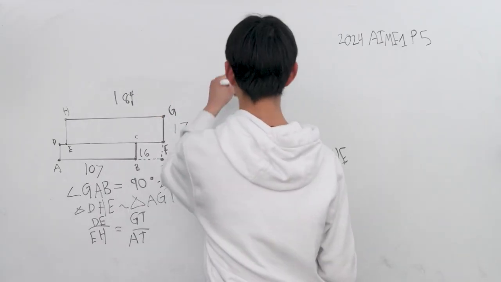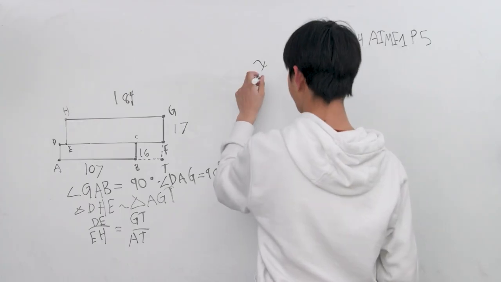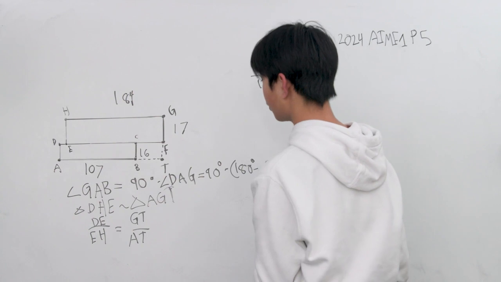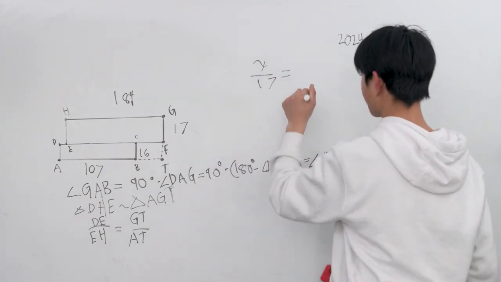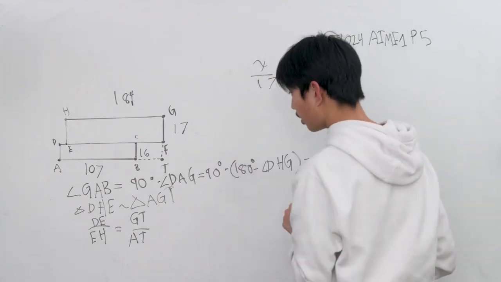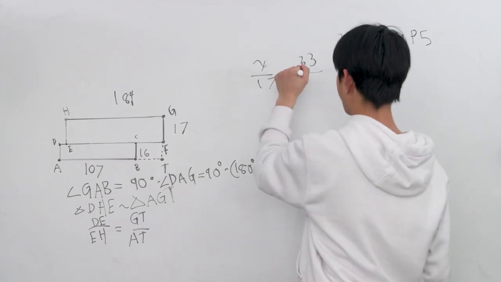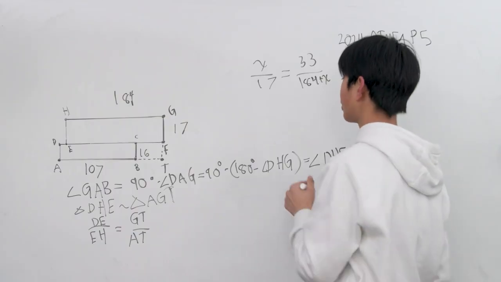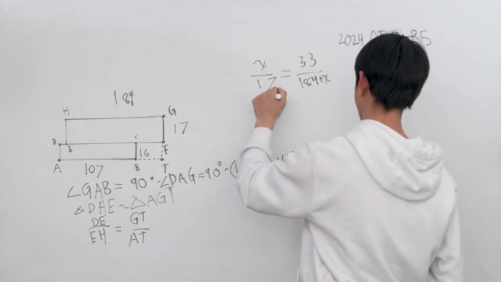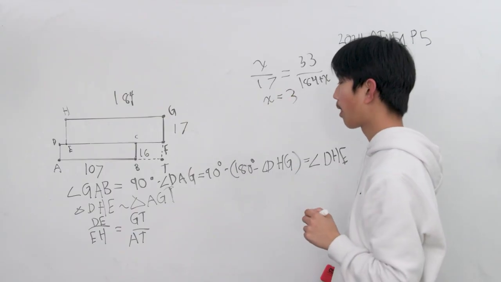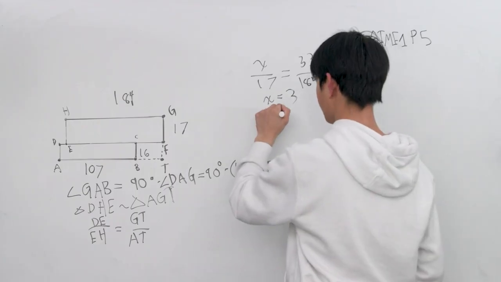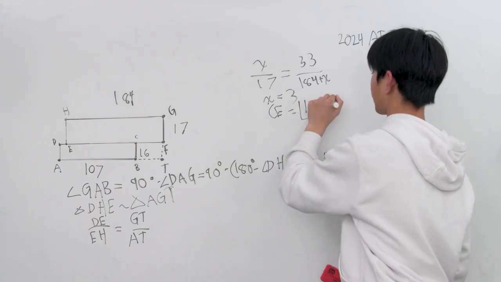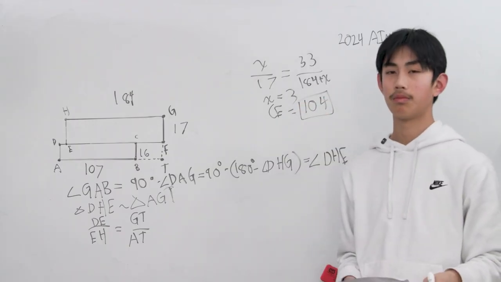So DE is x, EH is 17, GT is equal to 17 plus 16, which is 33, and then AT is simply 184 plus x. After this equation, you solve for x, and we get that x is 3. So CE is simply 107 minus x, or 104. That is our answer for this problem.